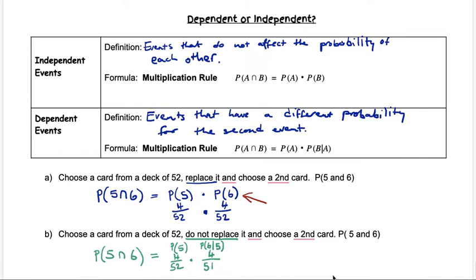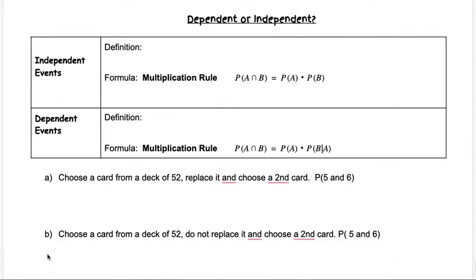Let's apply that to a few situations. So what we need to determine here is we need to multiply these two together and find whether they are equal to the probability of A and B. So the probability of A and B is equal to 27 out of 200, 27 200ths.